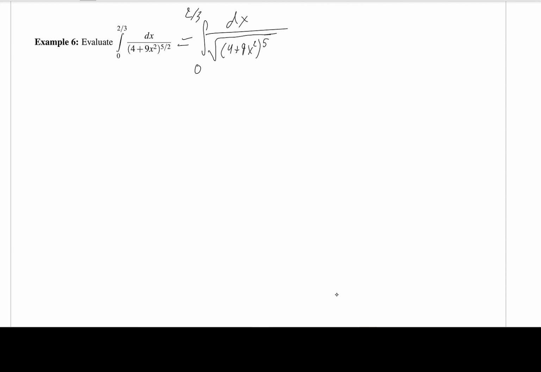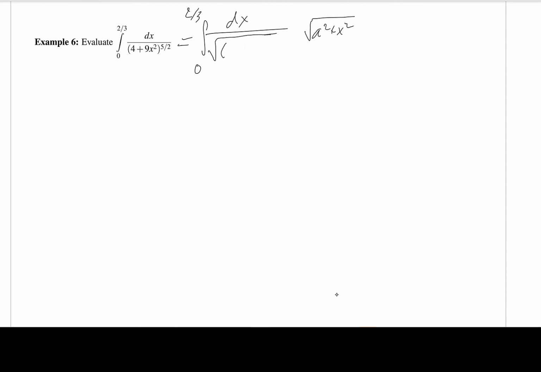What I'm going to be looking at is that our form is looking like square root a squared plus x squared, right? Except we have it to the 5th power.